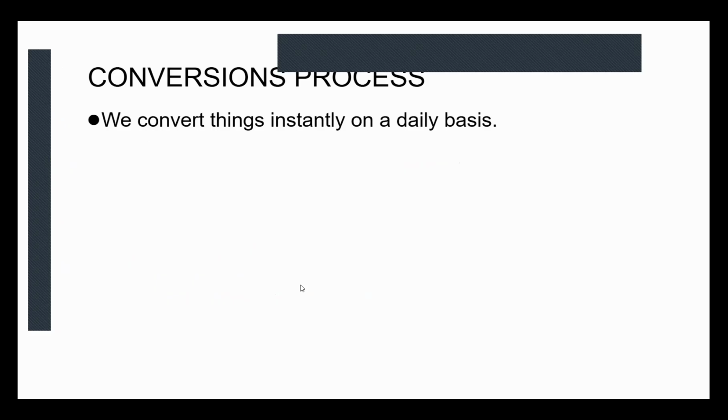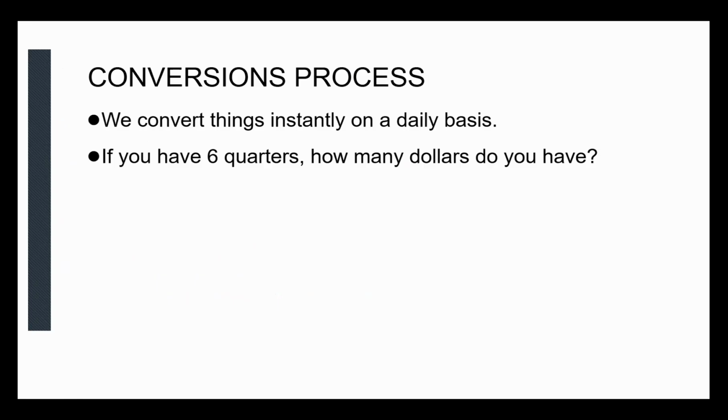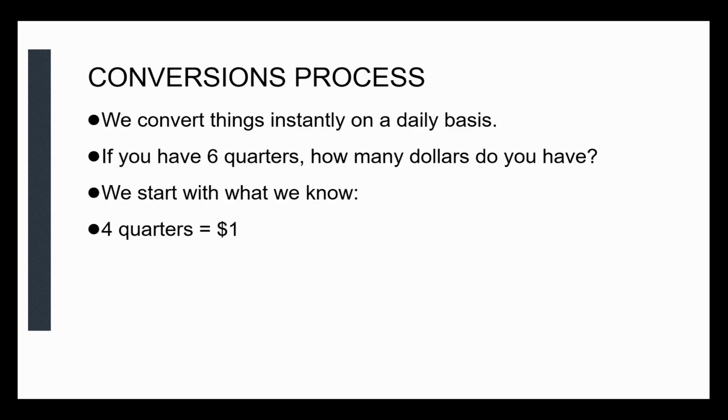So let's look at the conversion process. We convert things incidentally on a daily basis without even realizing it. Here's an example. If we have 6 quarters, how many dollars do you have? Most of you can do this in an instant and not even realize you're doing the conversion process. So again, we start with what we know. Always start with what you know.